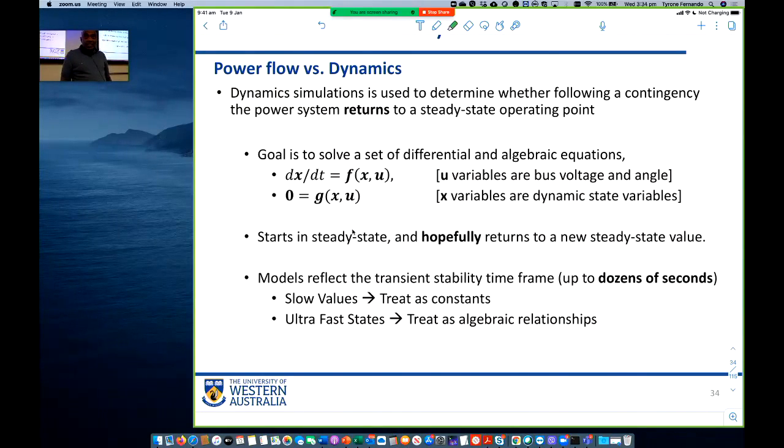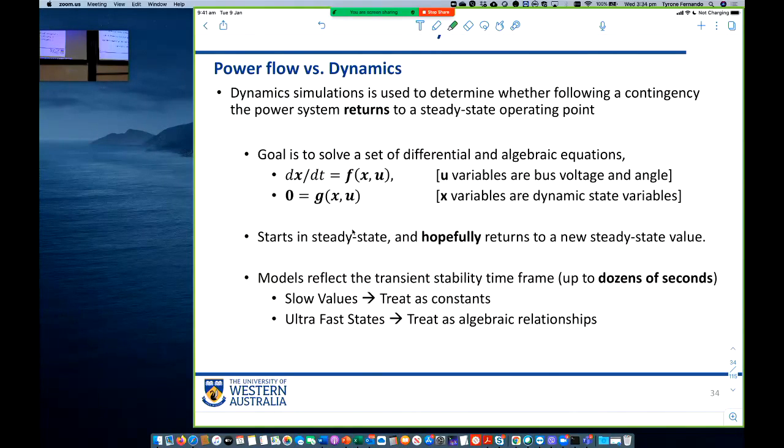Variables in a generator are linked to rotating components, which are mechanical components, which are slower. So those variables associated with the generators respond slower, so they can be regarded as dynamic variables. Those variables that change quite fast can be regarded as algebraic variables.